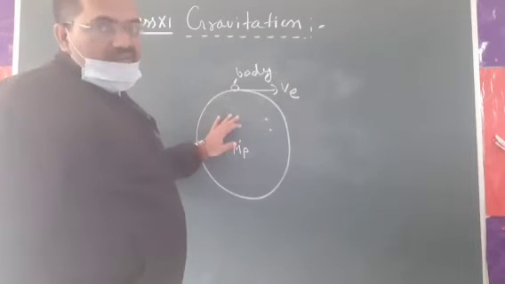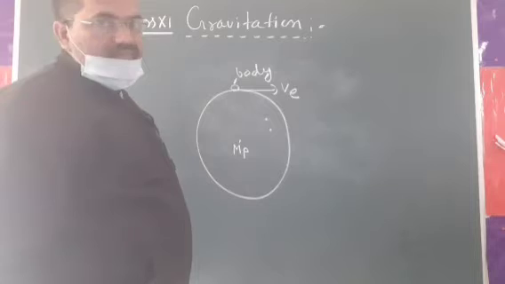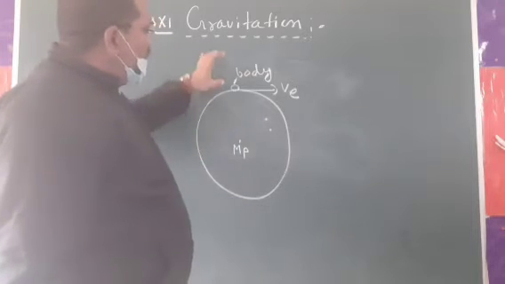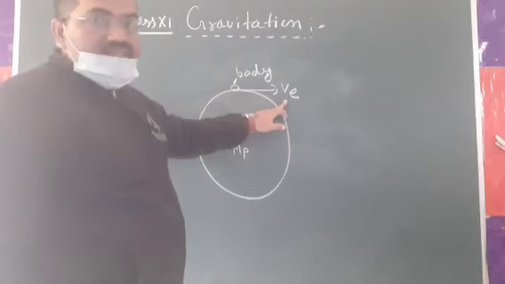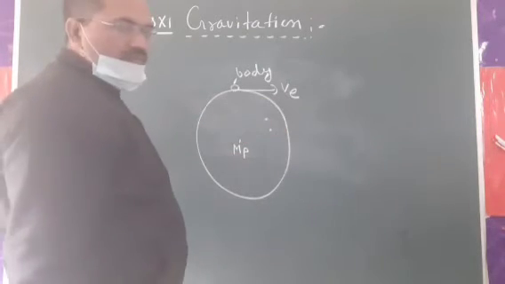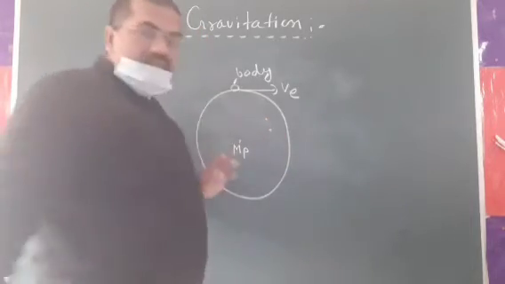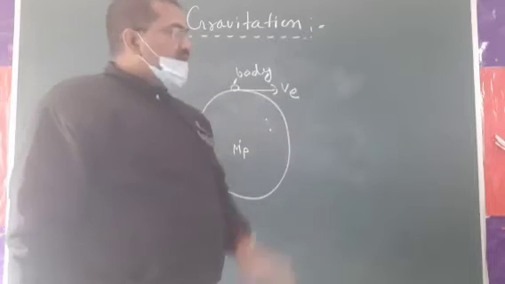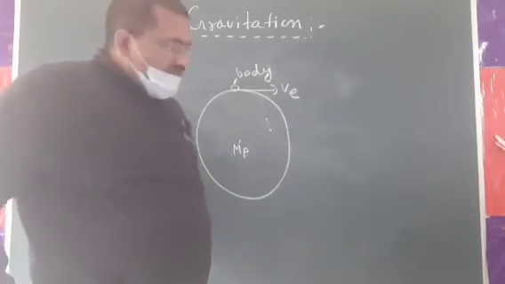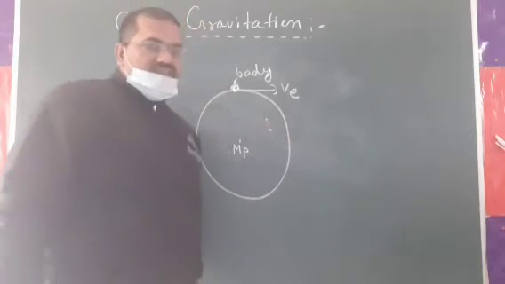This is a planet, maybe it may be Earth, maybe Moon, whatever. A body is thrown from this planet with speed v. This is escape speed. And at infinity, total energy of the body is 0. So you can apply energy conservation.